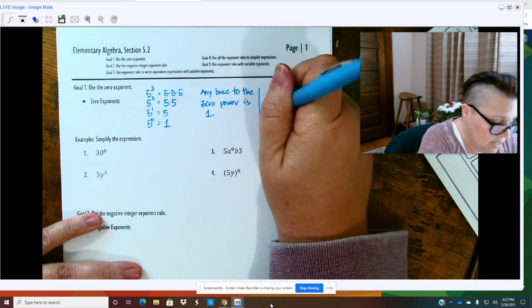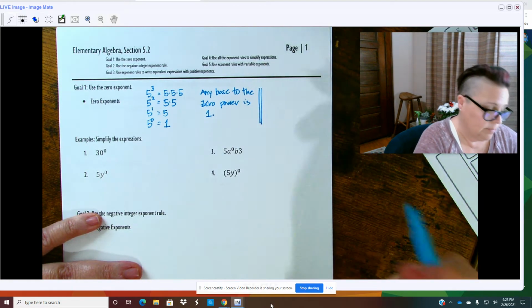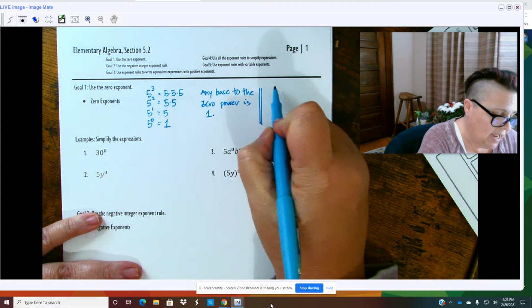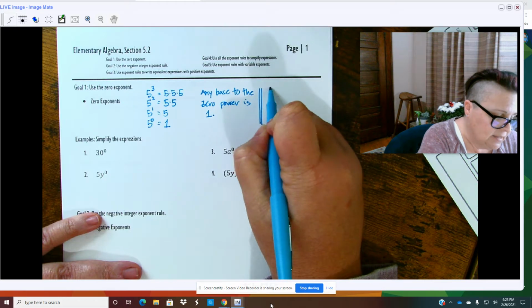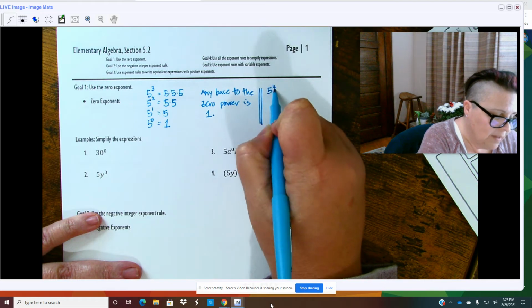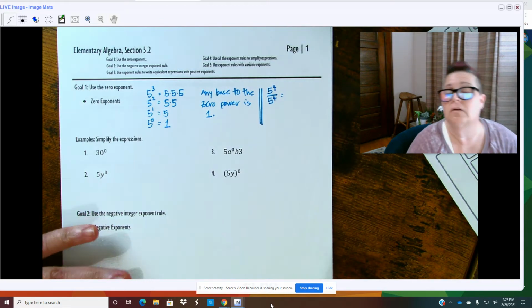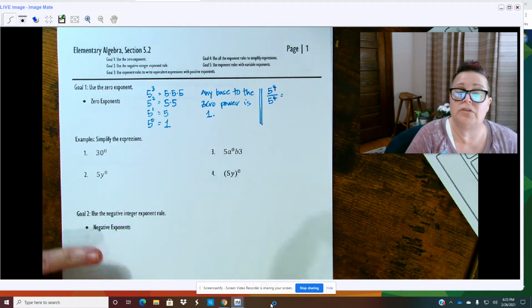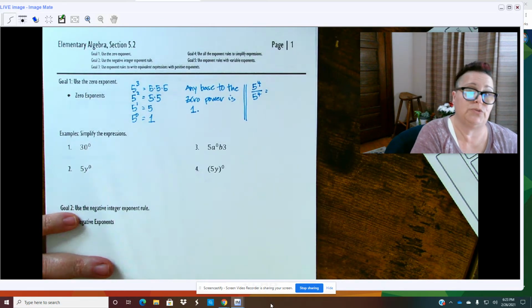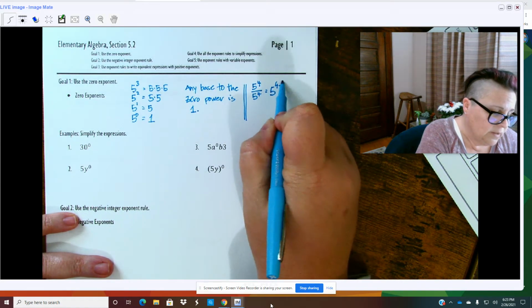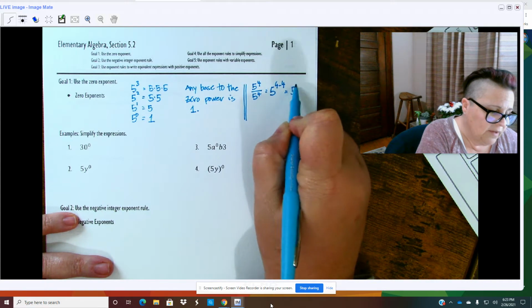This actually comes from wanting to keep the quotient rule intact. So if I had 5 to the 4th power, and I was dividing it by 5 to the 4th power, using the quotient rule, which I introduced you to last time, that should give you 5 to the 4 minus 4, or 5 to the 0.